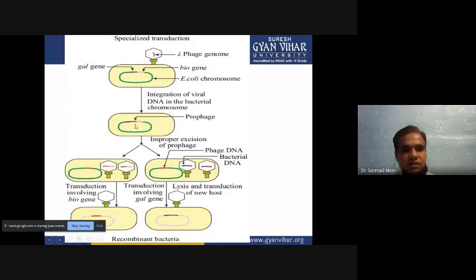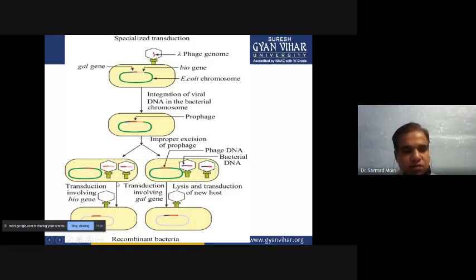When this phage DNA replicates, two things can happen. Half of the genes, the gal gene, will go into one bacteriophage, and the bio gene will go into another bacteriophage, because the gal gene and bio gene cannot both go into the same bacteriophage.